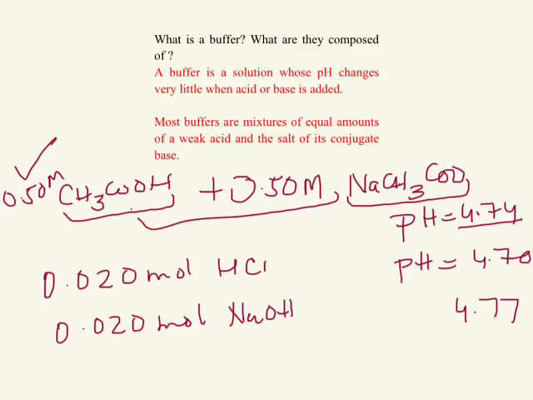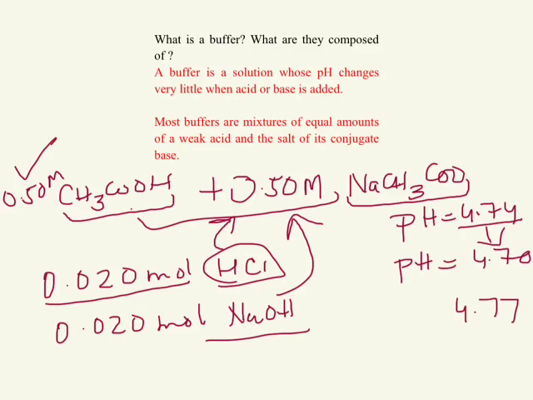Now in this mixture, if I'm adding this many moles of HCl, then the pH just changes from 4.74 to 4.70, just a 0.04 change, which is not much. Or if, instead of HCl, I'm adding a base, then the pH changes from 4.74 to 4.77.